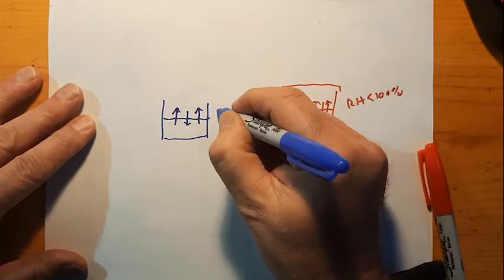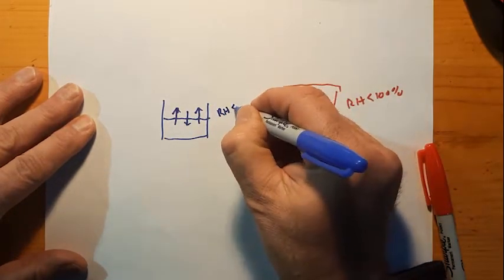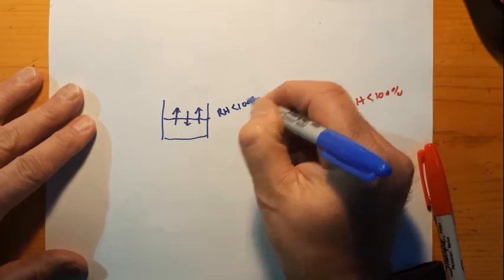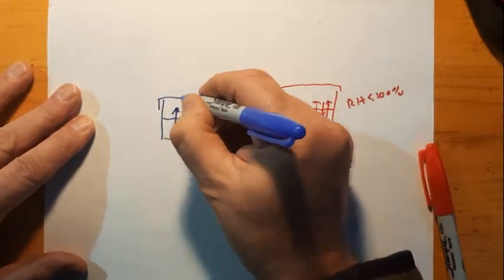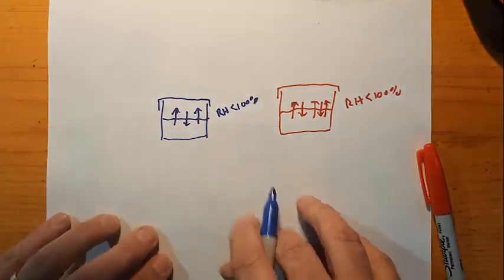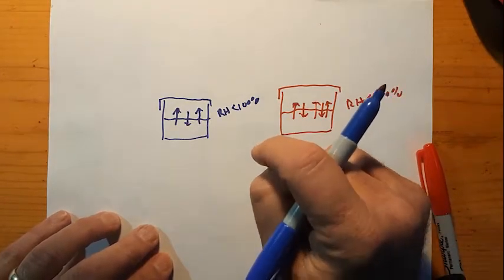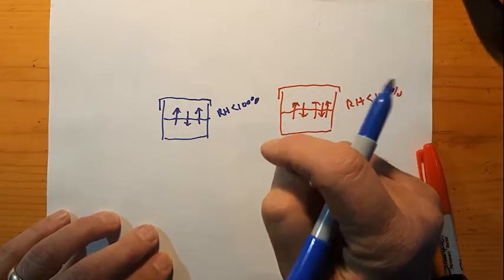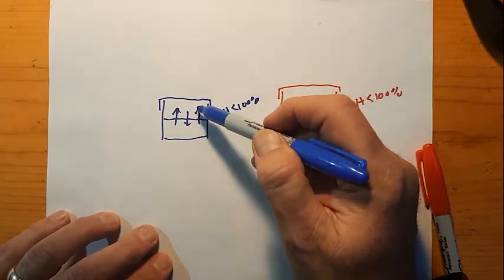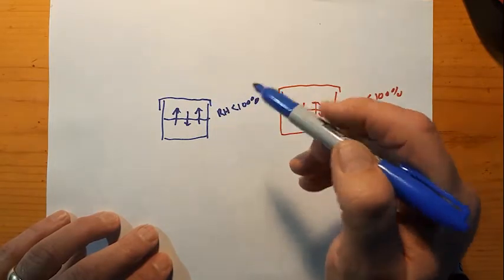So again, right here, the relative humidity is less than 100% because you've got more leaving the liquid. So there must be more capacity, if you wish, for water vapor in the air.